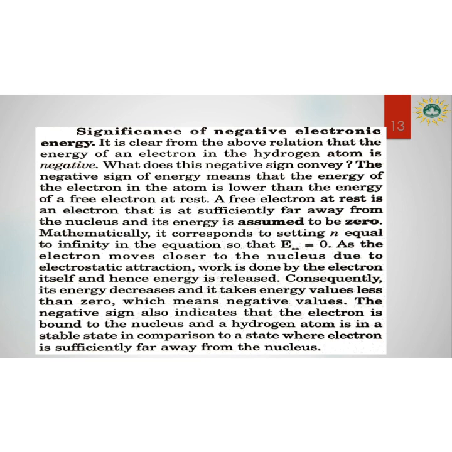In case of emission of energy, energy will decrease. So at first it is zero. When the electron jumps from a higher state to a lower state, the closer it comes, the more energy is emitted and it becomes negative. So that's why the electronic energy is always written in negative terms, and that's why a minus sign is always given in the energy term.